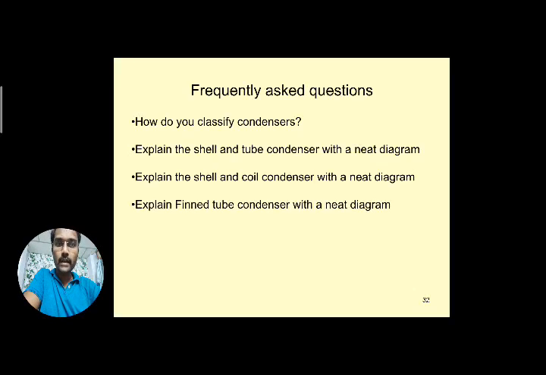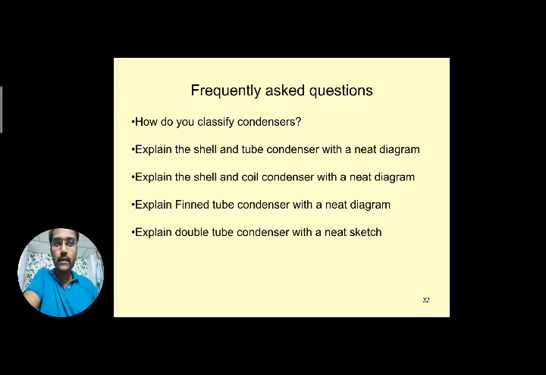Next one, you can take: explain finned tube condenser with a neat diagram. Finned tube condenser is an air cooled condenser where mostly fins are used for effective heat transfer. Similarly, the next question, explain the double tube condenser with a neat sketch, or sometimes they may ask to explain the tube in tube condenser. So there is a tube inside another tube.